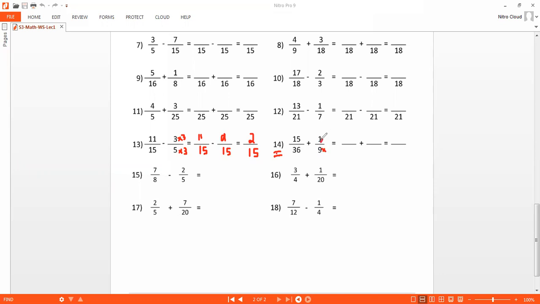How? By multiplying 9 times 4. Very good. So the first fraction stays as it is, which is 15 over 36. Now the second fraction becomes 4 over 36. Excellent. And now what's the final answer? 19 over 36. Perfect.